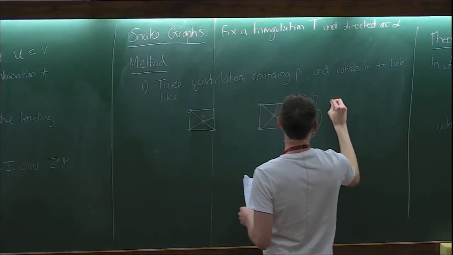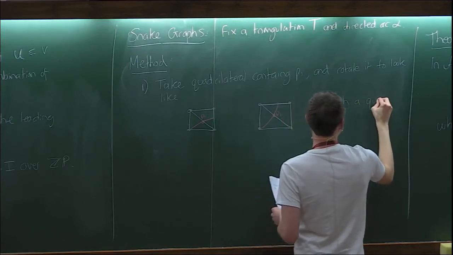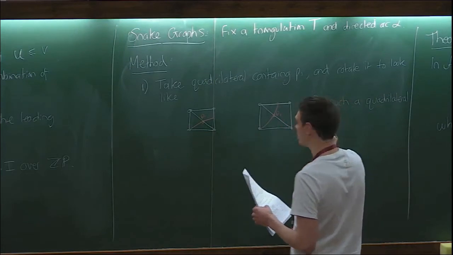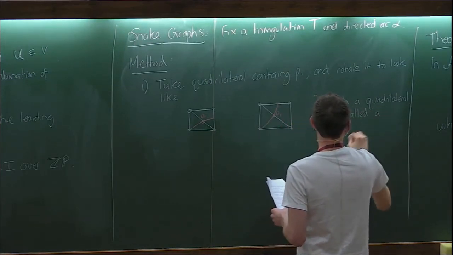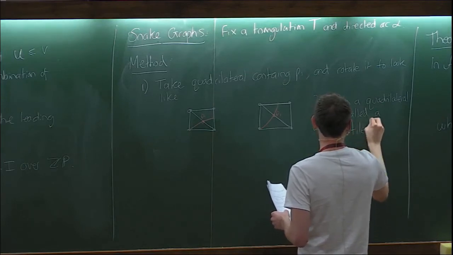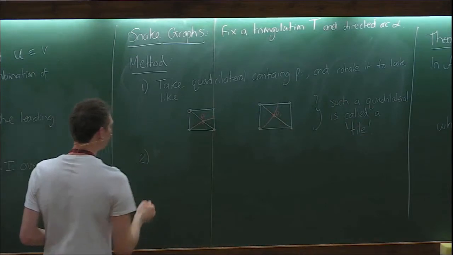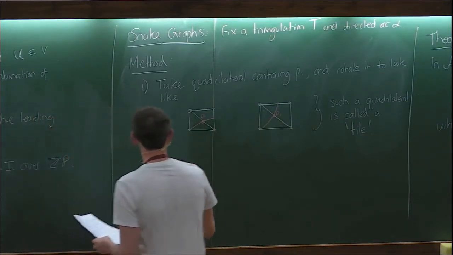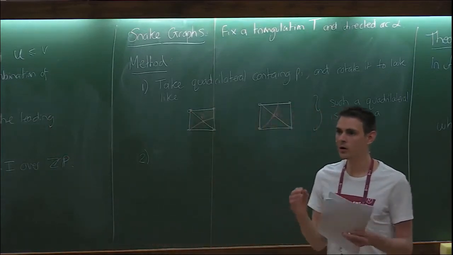Such a quadrilateral is called a tile. And what is the second step? Well, now we look at the second intersection point. We look at that quadrilateral, but we don't quite look at that quadrilateral, we look at its mirror image.